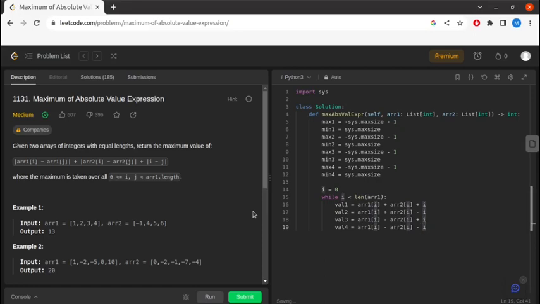So these are the four values which we have, and we have to find the maximum and minimum. So let us update the max1. So basically max1 is equal to the max of max1 or val1, and we wanted to minimize also, right? So min1 is equal to the minimum of min1 and val1, right?